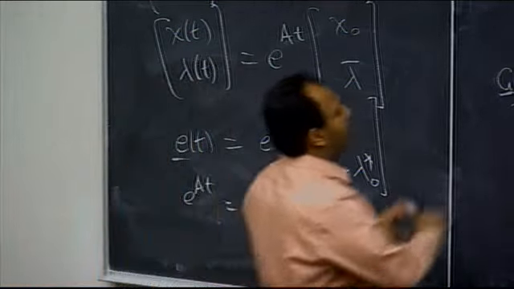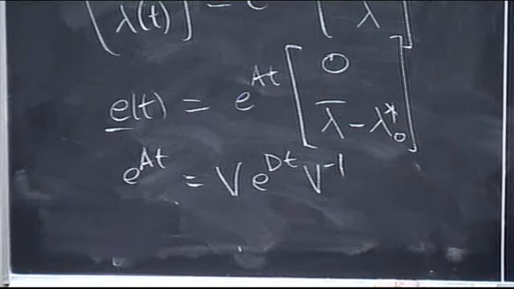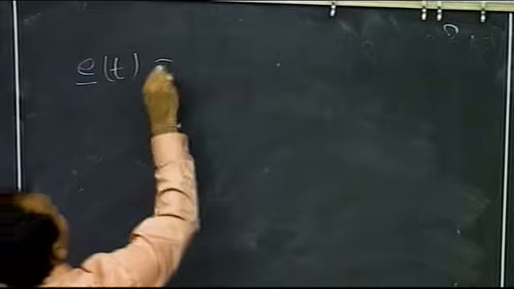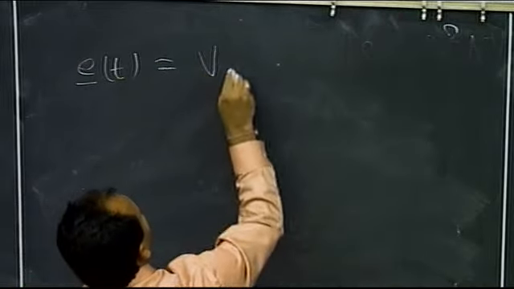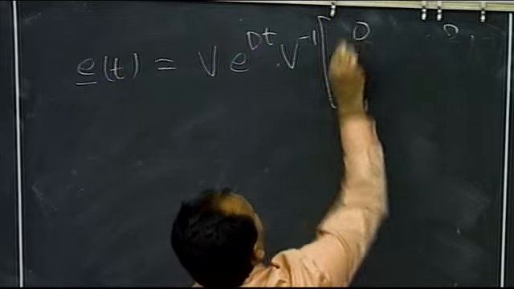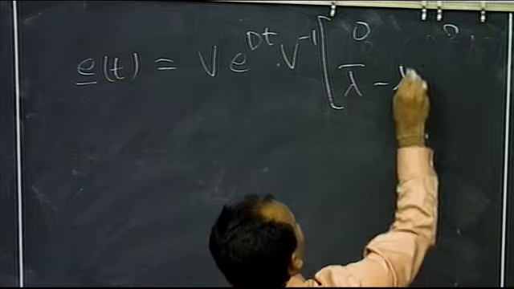So if I put this in here, what I'm going to get is this error, E, is going to equal V times e to the Dt times V inverse times 0, lambda bar minus lambda 0 star.